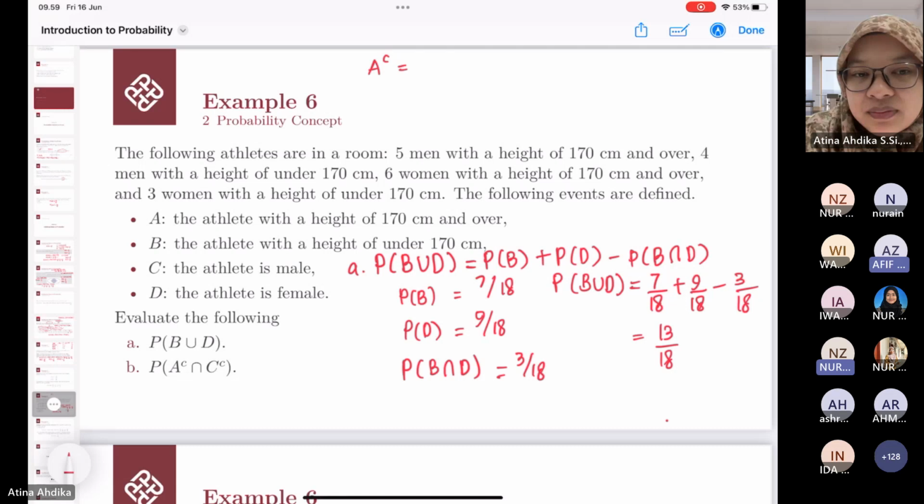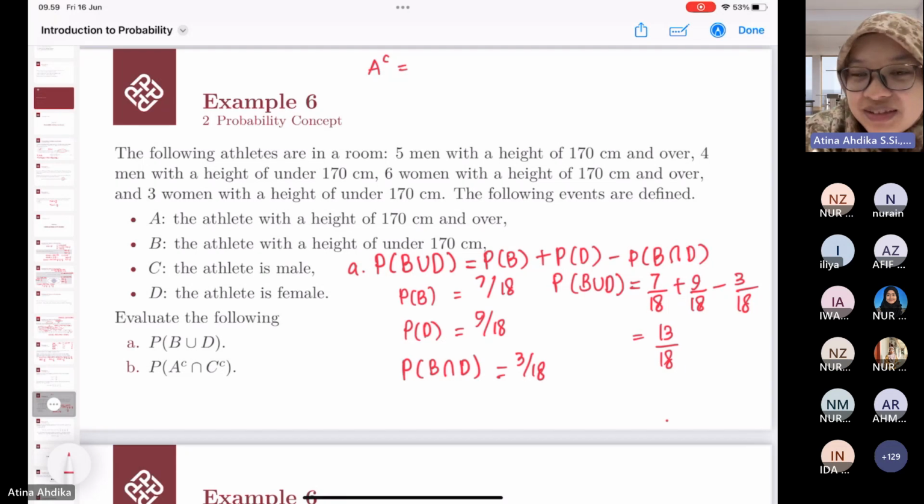7/18. 7. I asked first what is the complement. We don't discuss the probability. What is the complement first? I want to know what the complement of A is, not the probability of the complement of A. 10/18, for men to women.